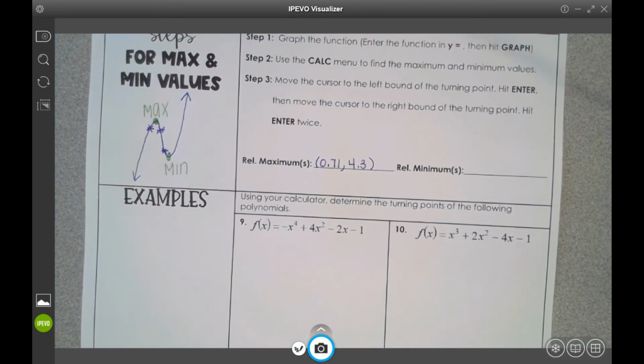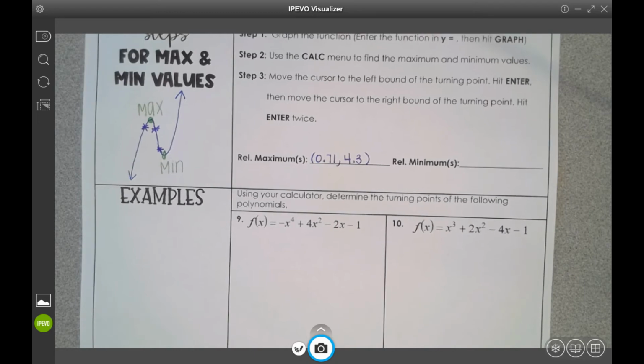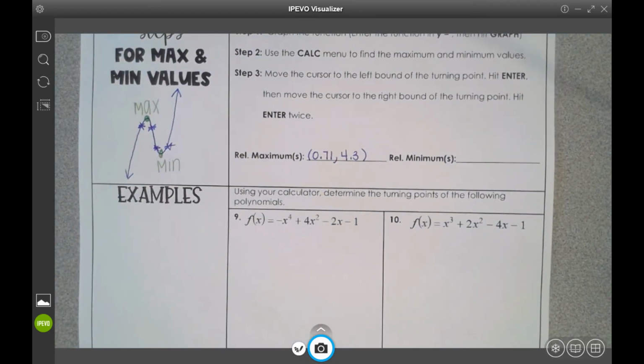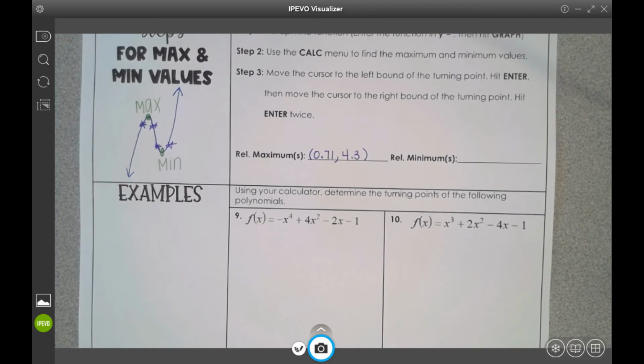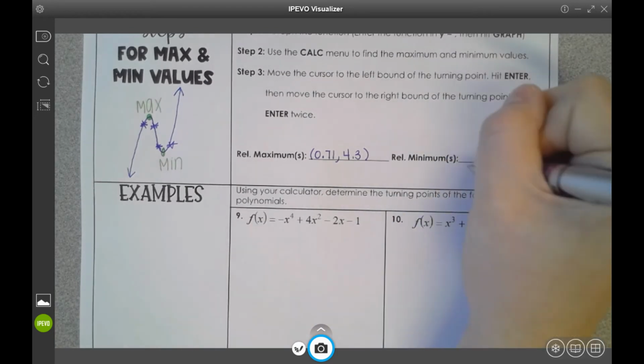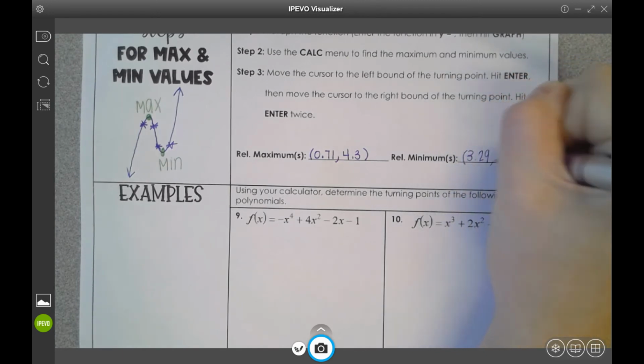Hit enter. Move it over a little bit to the right. Hit enter. Hit enter again for your guess. And it tells us that the minimum is 3.29, negative 4.3.